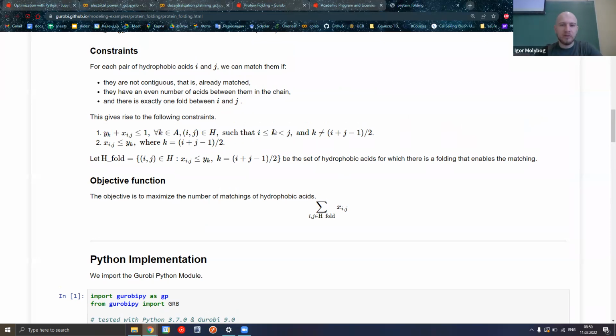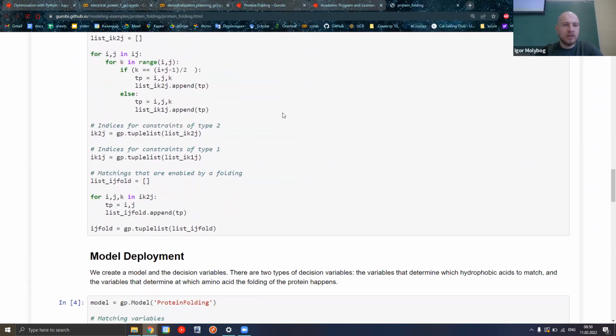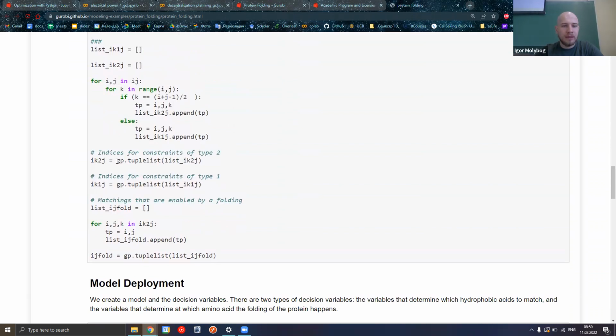The first list is going to correspond to the second constraint, and the second list is going to correspond to the first constraint. I have no idea why they decided to do it this way, but anyway. Again, we're going to be using the GurobiPy tuple lists.